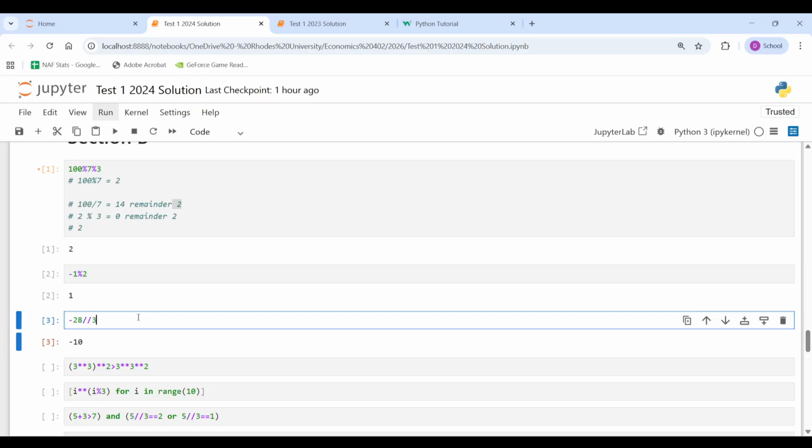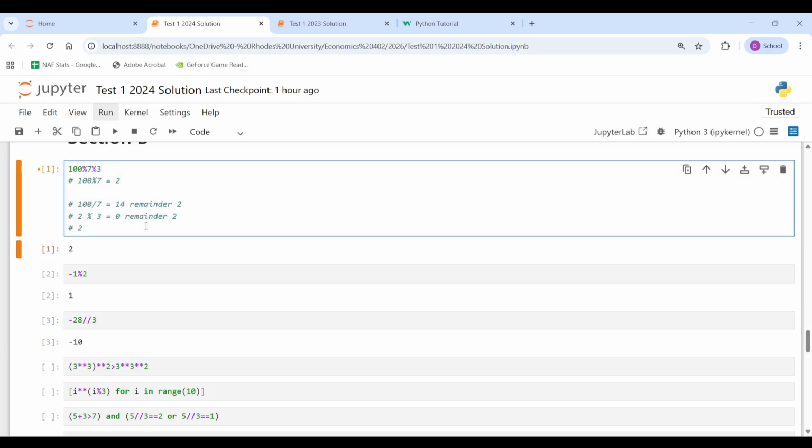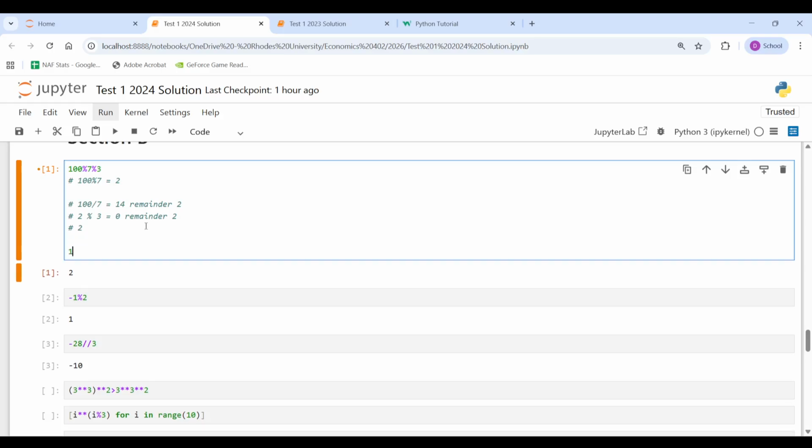That's why integer division was introduced, so that you can do modulus. Did you guys do, was it in TAT 2 I asked you to do modulus without using modulus? So that was 100 minus 100 integer division 7 times, what do we multiply it by?